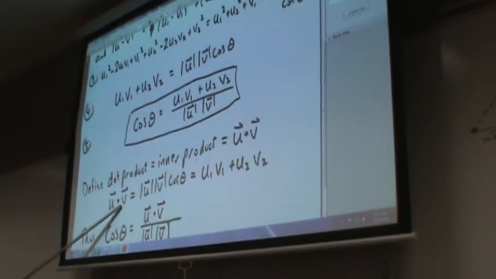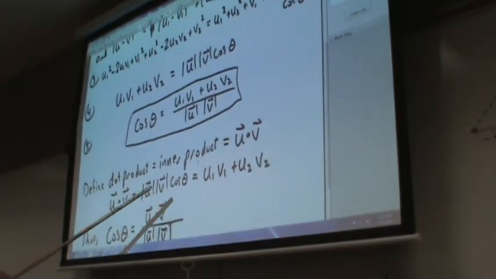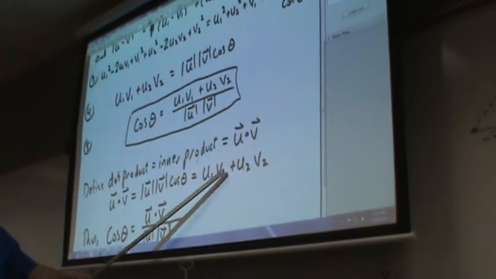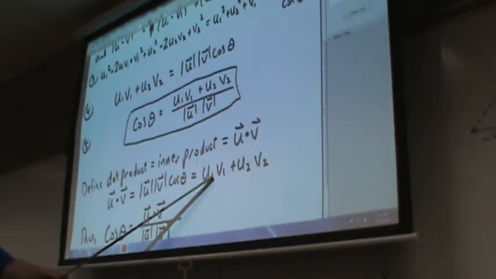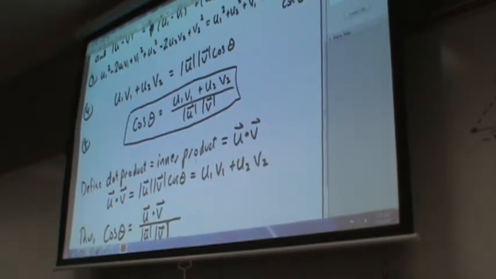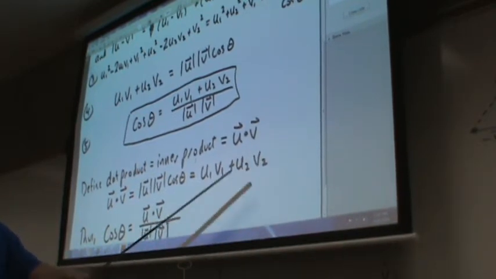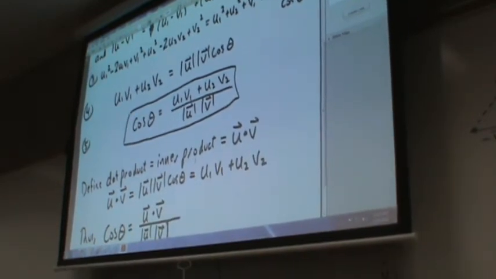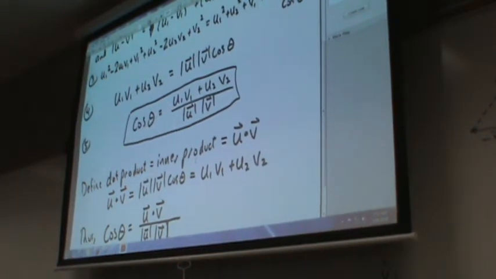They define the dot product, u dot v, as just the sum of the products of the components: u dot v is u1 v1 plus u2 v2. You multiply the x components, multiply the y components, and then add them up. And it's special just because it shows up here in this formula.